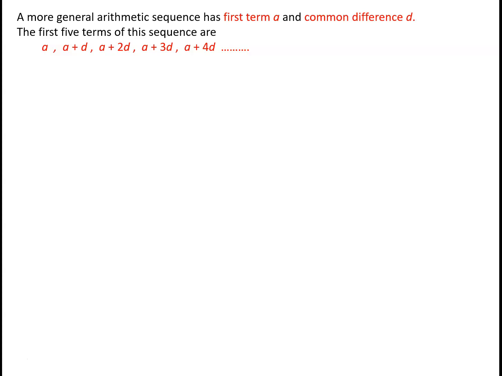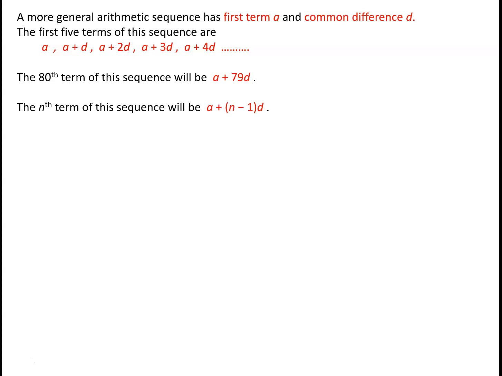If we generalize this, so we have an arithmetic sequence or an arithmetic progression whose first term is a and whose common difference is d, then the first 5 terms of this sequence are going to be a, a plus d, a plus 2d, a plus 3d, a plus 4d, etc. The 80th term is going to be the first term plus 79 jumps of d, so that's a plus 79d.